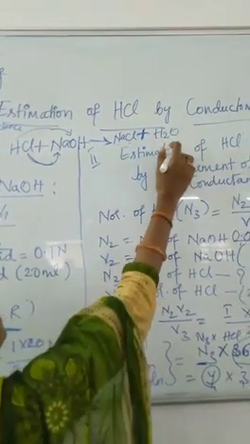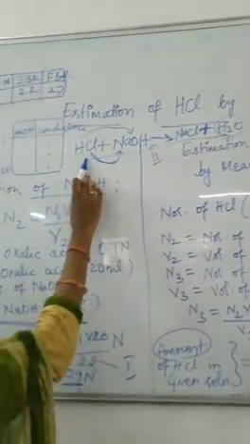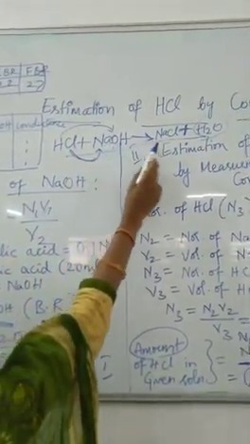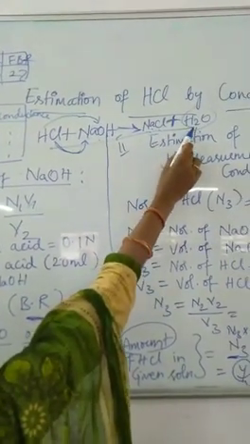This is the reaction during the titration: HCl reacting with sodium hydroxide gives a salt and a water molecule.